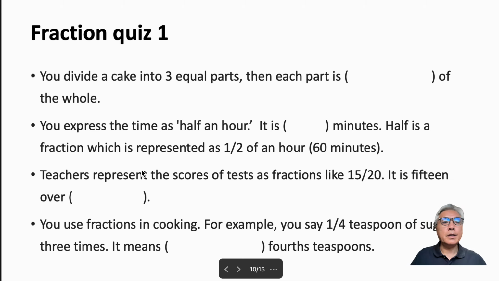Before that, anyway, I'd like you to try some fraction quiz. Number 1. You divide a cake into 3 equal parts. 3つに分けます。Then each part is what of the whole? なんでしょう。You express the time as half an hour.